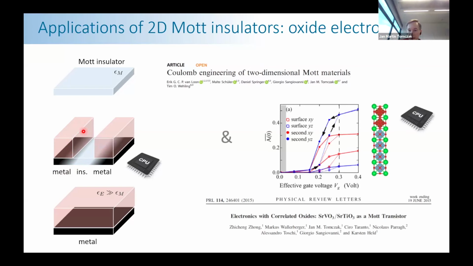So this combines very well with the previous project. Here one could create metallic circuitry on a Mott insulator by dielectric Coulomb engineering, and here I have the control by additionally switching maybe this insulator in the middle to become metallic if I additionally apply a field.